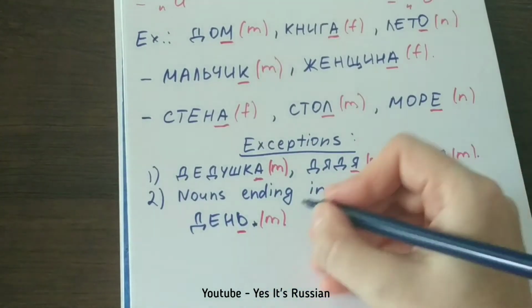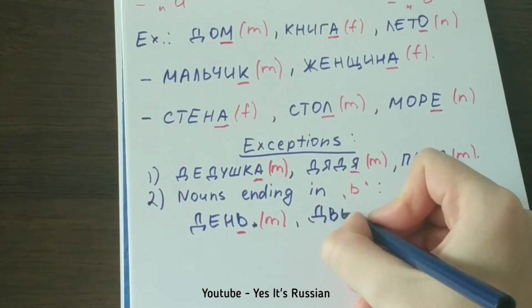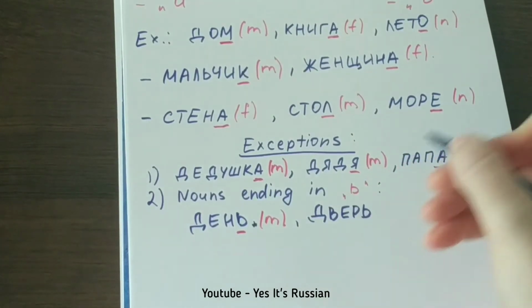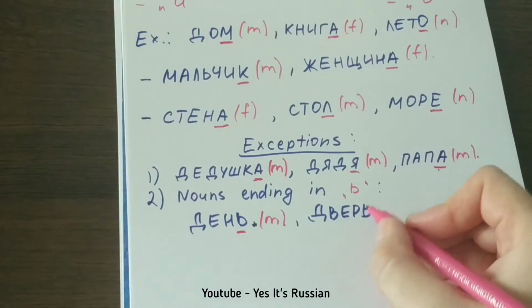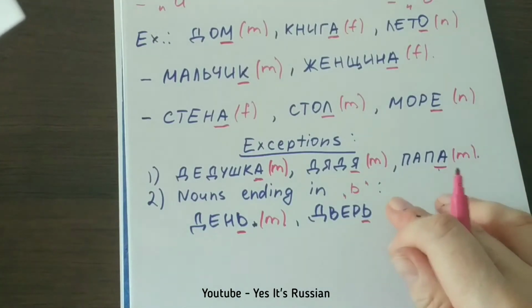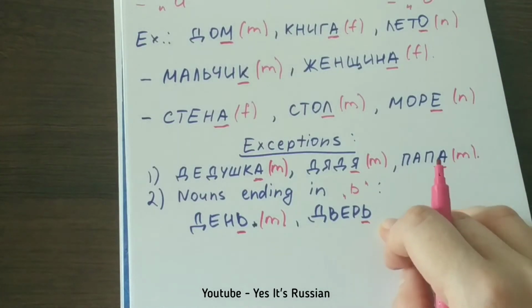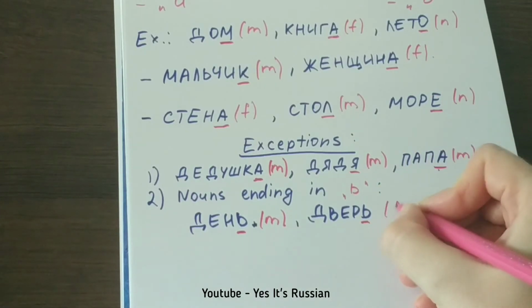Let's look at another one: дверь. Дверь meaning door. It is ending in a soft sign again. You should look in the dictionary when you're learning new words ending in the soft sign, and you'll see that дверь is of a feminine gender.